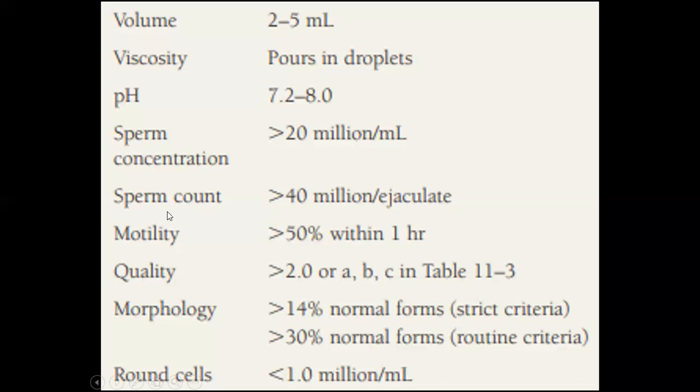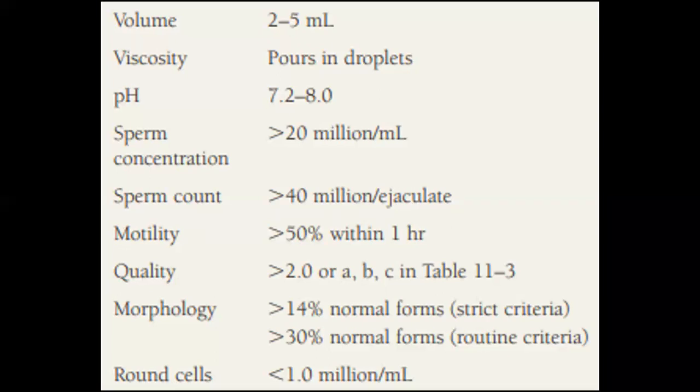Now, another parameter that is reported in a semen analysis is motility. Of course, we need to note the motility. It's because sperms which are not motile or sperms which have lesser than normal motility would eventually die and would not reach the egg cells.